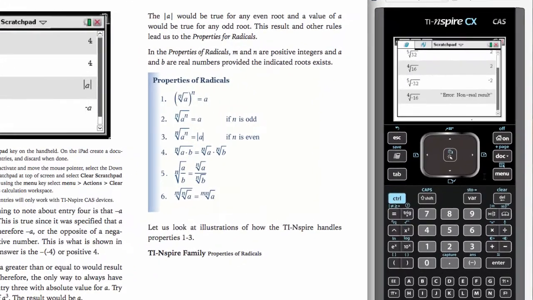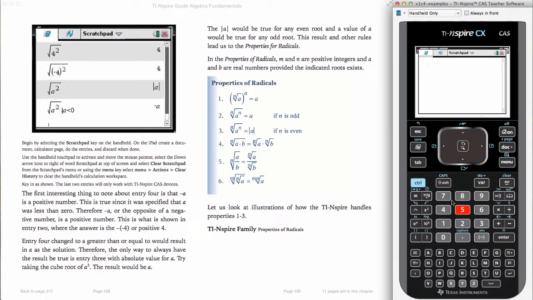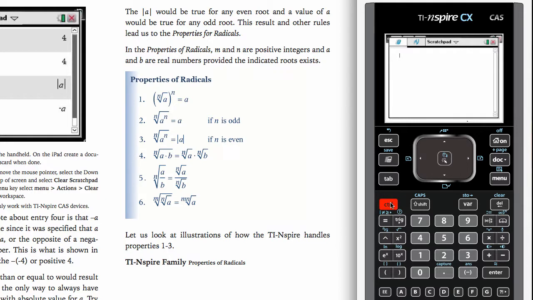So we will want to go to Menu, 1, 5 to clear out our calculator. Hit Control, Radical, 4. Since we want to square it, we'll just use the square one. Press Enter. Next, go to Control, Radical, parentheses, -4.